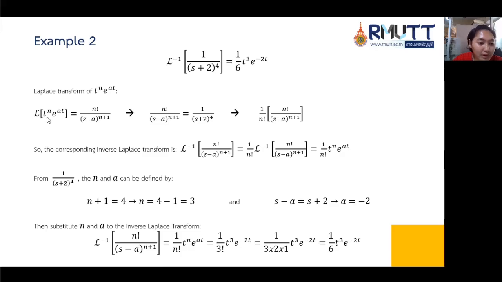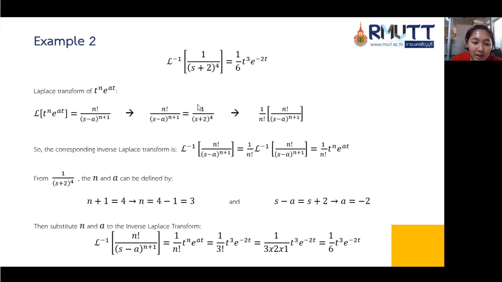The Laplace transform of t to the power of n times e to the power of at is equal to n factorial divided by s minus a to the power of n plus 1. Then we can define n factorial divided by s minus a to the power of n plus 1 as matching with 1 divided by s plus 2 to the power of 4 from this problem.